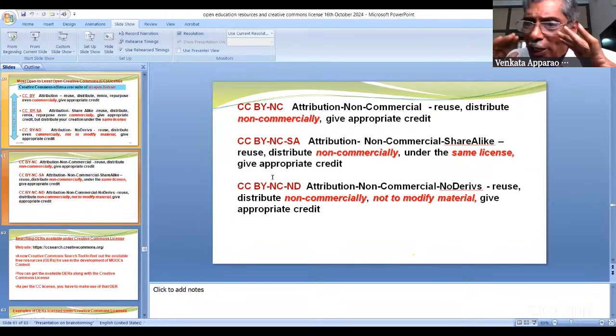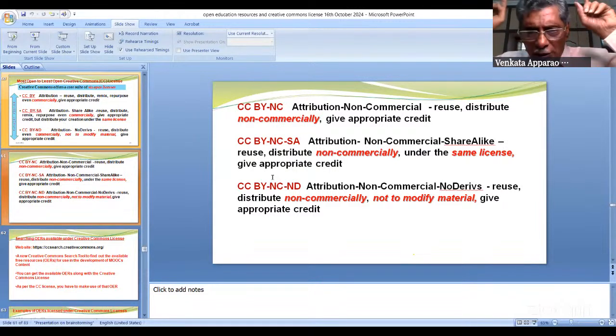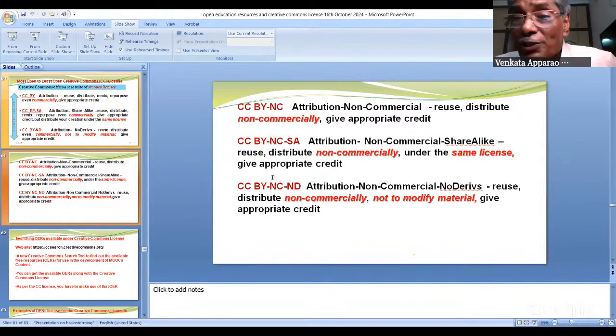Accordingly, when you make use of that particular article, you have to follow the licensing. Please remember. And when you create your own work, when you give licensing, it is up to you. You don't want anybody to modify, then you get a license under CC BY ND. You want it to be used only for non-commercial purposes, CC BY NC ND. Like that, you get the license. It depends upon you.